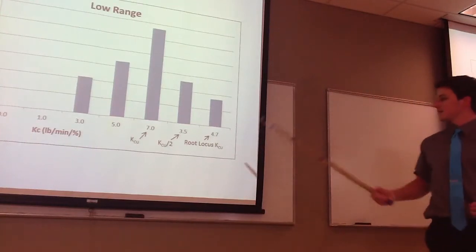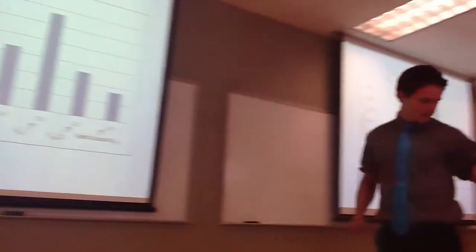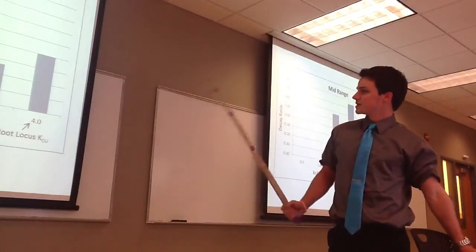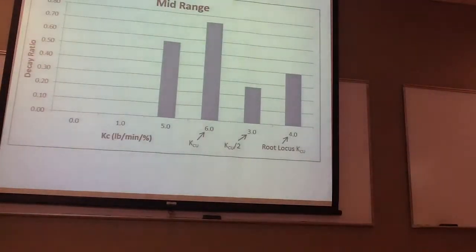And these are the decay ratios that they gave for each experiment run in the low range. Same thing here with the mid-range. They had almost the same, but the KCs aren't in order from lowest to greatest, so it won't look the same as the rest of them.